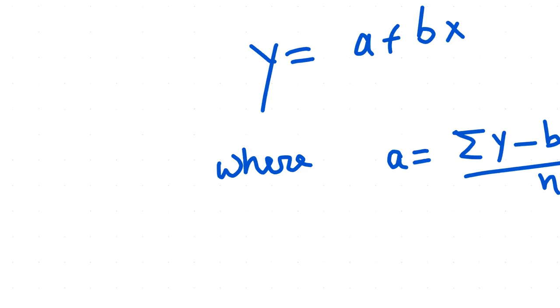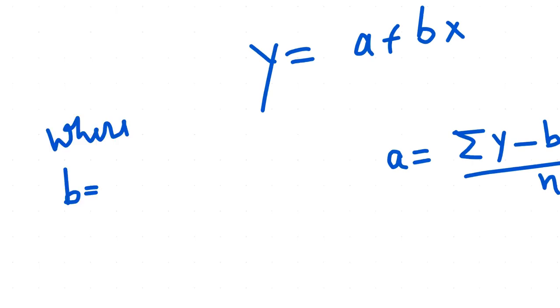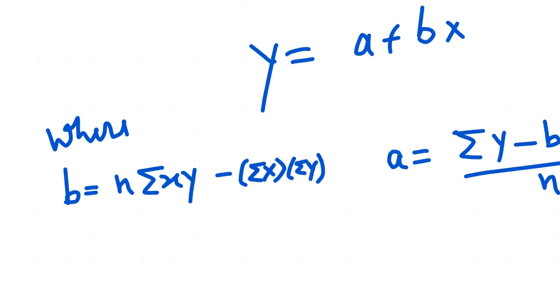So let us take b first. b is equal to n into summation xy minus summation x into summation y over n into summation x square minus summation x whole square.